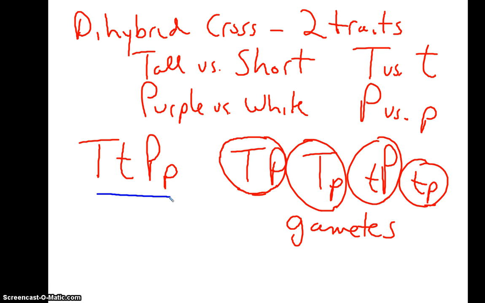They can only get a big T or a little t, not both. The same is true of the P gene: they can get either a big P or a little p, not both. Based on that, we can form 4 different gametes between those two traits.